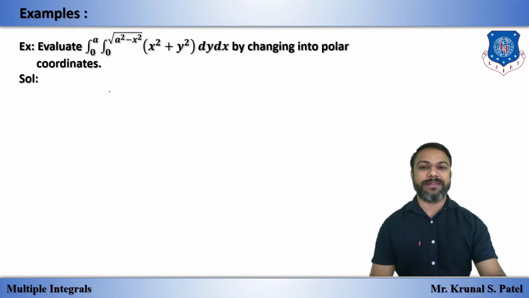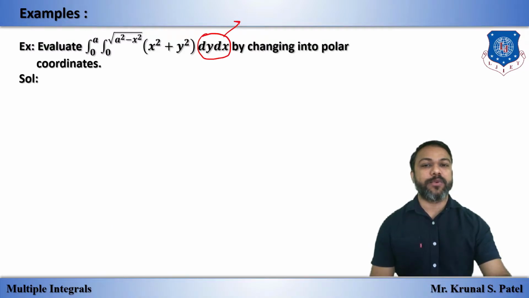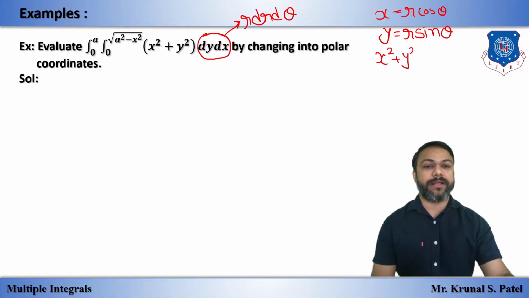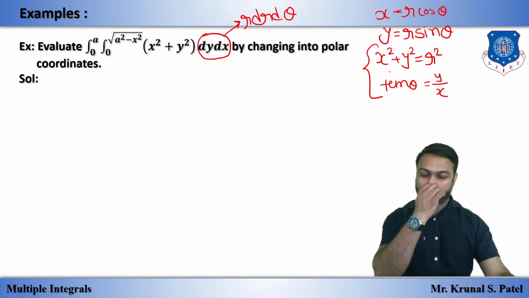Solution: as we know, and we have already written down, dx dy always reduces into r dr d theta in polar form, and by using x equal to r cos theta and y equal to r sin theta, we have x square plus y square will be r square, and tan theta is y by x. So we can use these two transformations also to convert x y into polar coordinates.